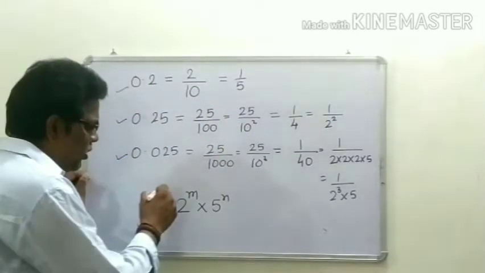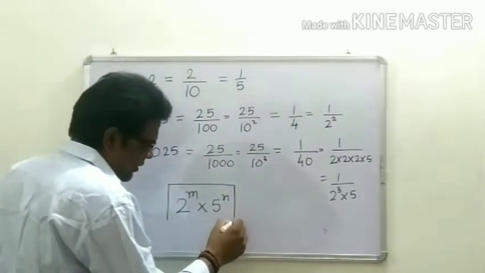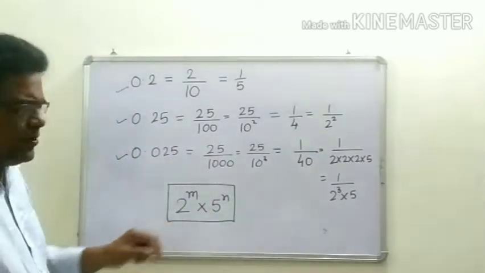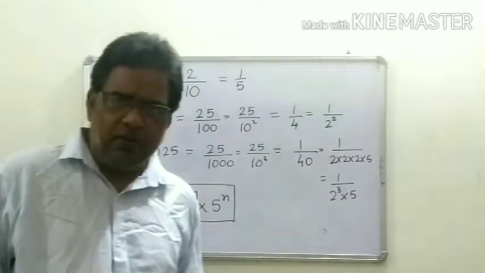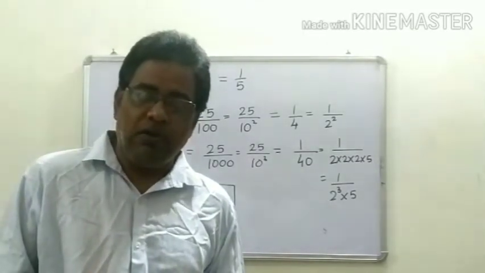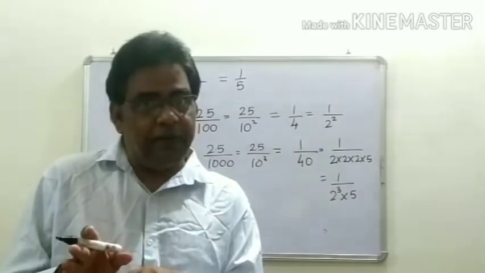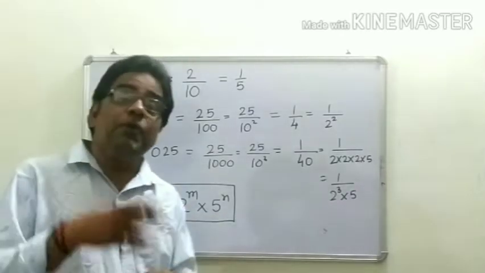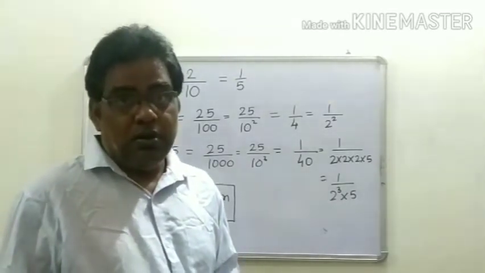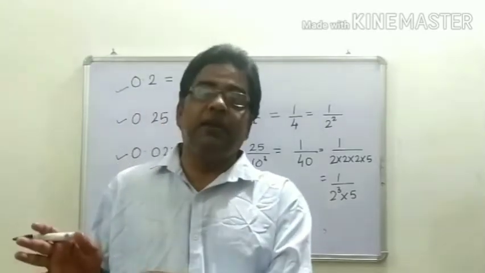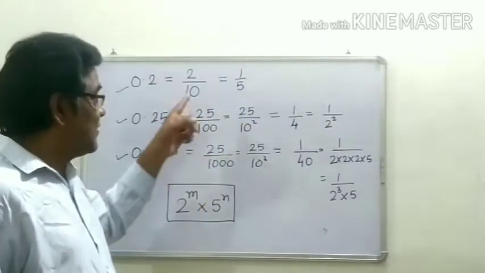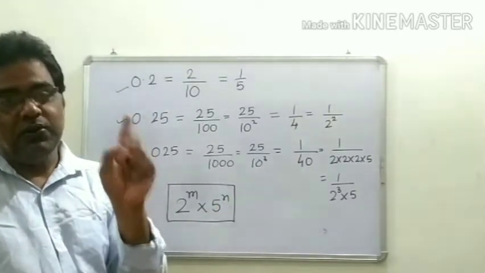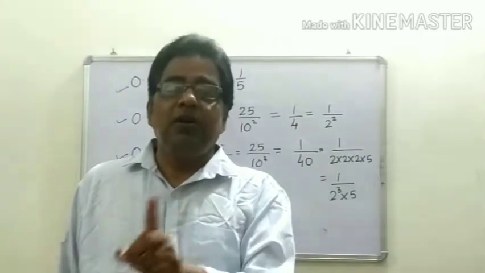So if your denominator has prime factors 2 and 5, you have to keep in mind 2 and 5, no other number, then 2 or 5 or both. Apart from this, you should not have any number. Then that rational number will be of terminating type. So that decimal expansion will be of terminating type.